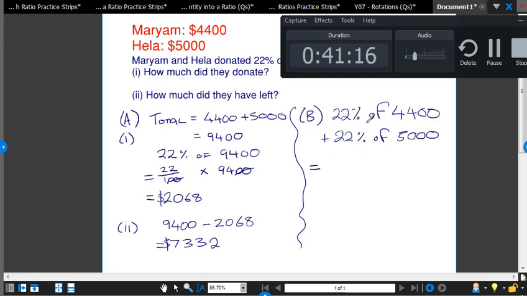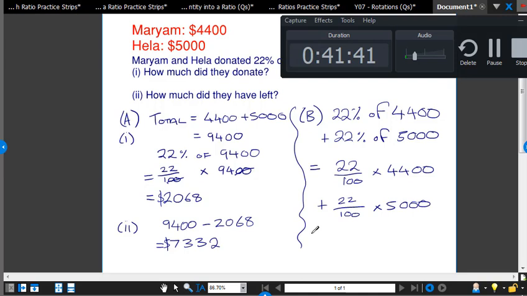So that equals 22 over 100 times 4,400 plus 22 over 100 times 5,000. You'll have your calculator, so it should be straightforward for you.